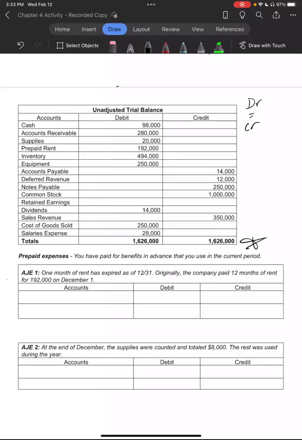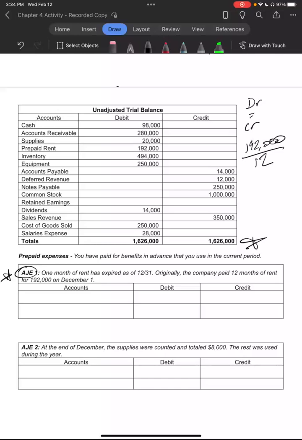Okay. So if you think about this one, this is adjusting journal entry 1. That's what that AJE means right there. That's just adjusting journal entry number 1. Okay. What we're going to do here is we're going to say, okay, remember back in the day, we paid 12 months of rent and it was $192,000. We paid it all at once. Okay. Well, what we got to do now is figure out how much of that do we recognize each month.